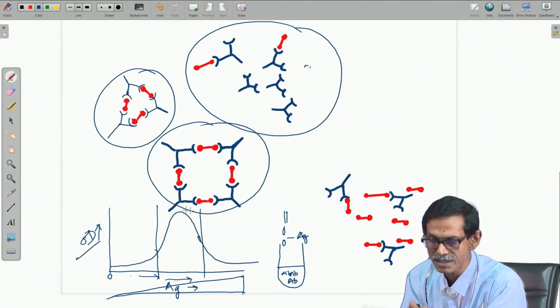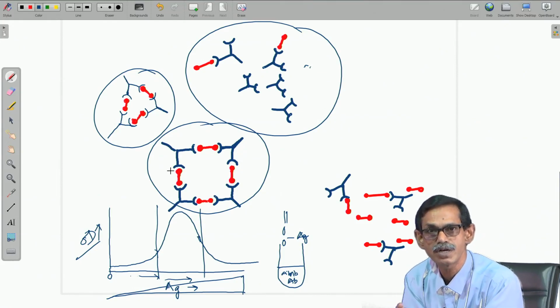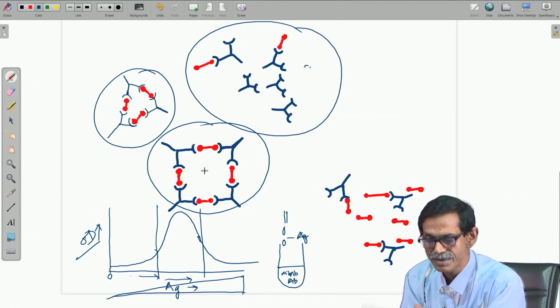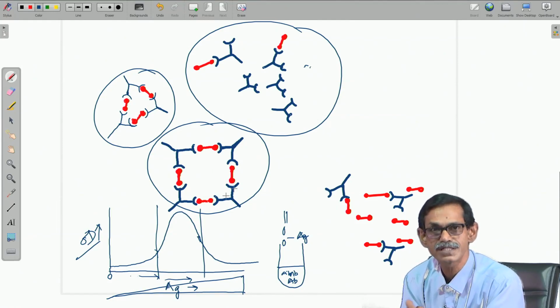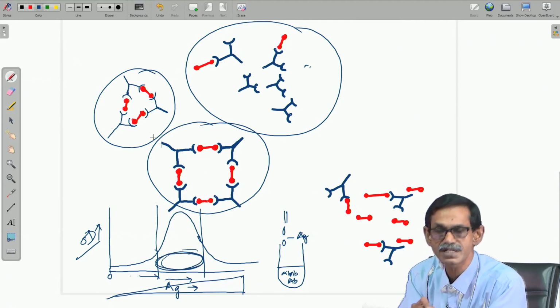When they make this big structure, they cannot stay in the solution anymore, they will precipitate. Clear? Now, this concentration or this ratio will reach a certain point, so maybe this is the region where this kind of structure is formed.